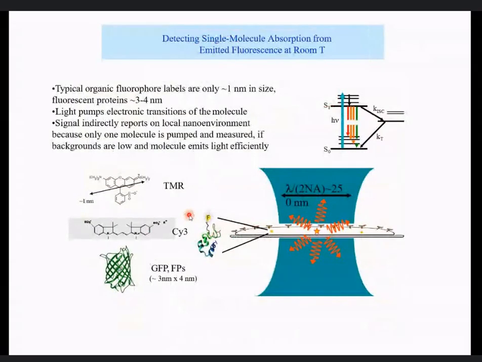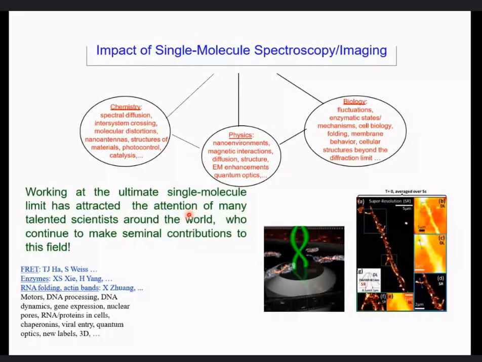There's another single molecule thing, again, this kind of emitted fluorescence at room temperature. This is the impact: chemistry, physics, biology, everywhere. Chemistry: spectral diffusion, intersystem crossing, molecular distortion, nano antennas, structures of materials, photocontrol, catalysis. Physics: you can call it nano environments, magnetic interactions, diffusion, structure, EM enhancements, quantum optics.